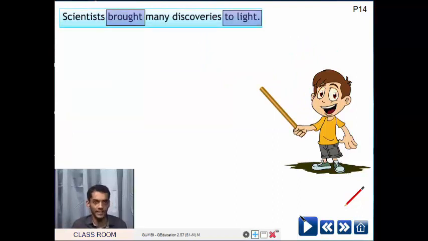Okay, look at the sentence. Scientists brought many discoveries to light. Look at the idiom bring to light. What does it mean? Do you know Galileo Galilei?